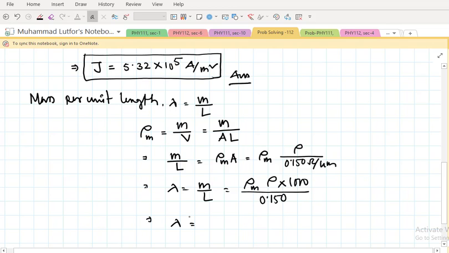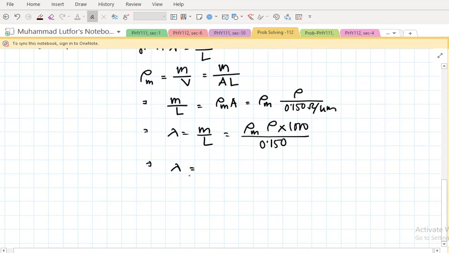So now I'm going to plug in the values. The mass density of that copper wire is 8960 kg per meter cube, and the resistivity of the copper wire is 1.69 into 10 to the power minus 8, and that 1000 divided by 0.150.